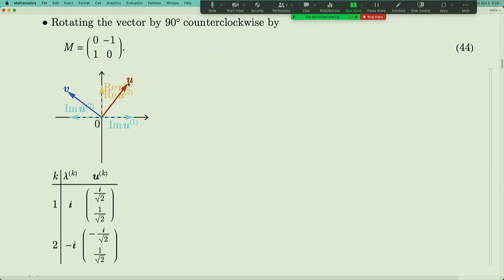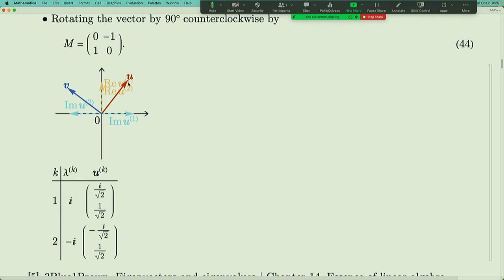So that's why if you start from an eigenvector which spans a coordinate system and rotate by 90 degrees, it's like a counterclockwise rotation. There's another eigenvector in this case which has an eigenvalue of minus i, which corresponds to the other direction, the clockwise rotation.